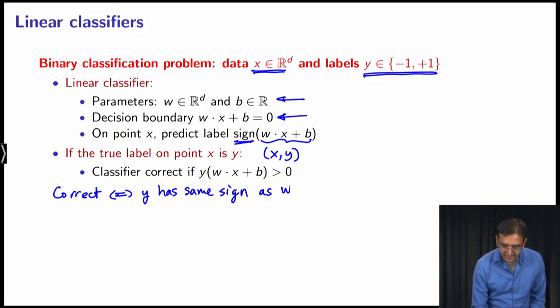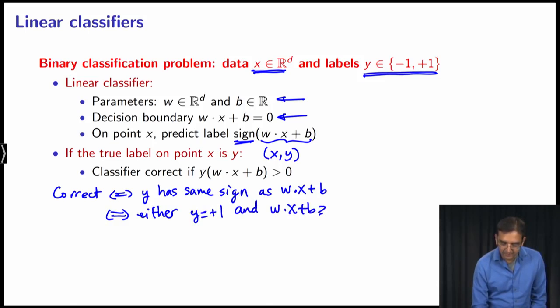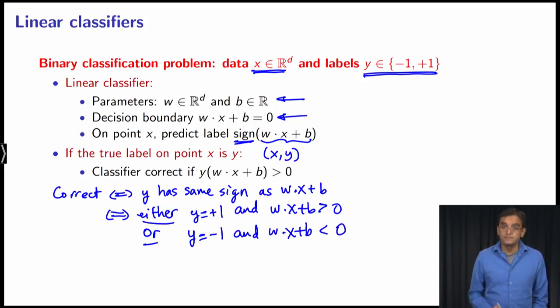To spell it out even more, what that means is that either y is plus 1 and w dot x plus b is greater than 0, or y is minus 1 and w dot x plus b is less than 0. If that happens, then we're correct.